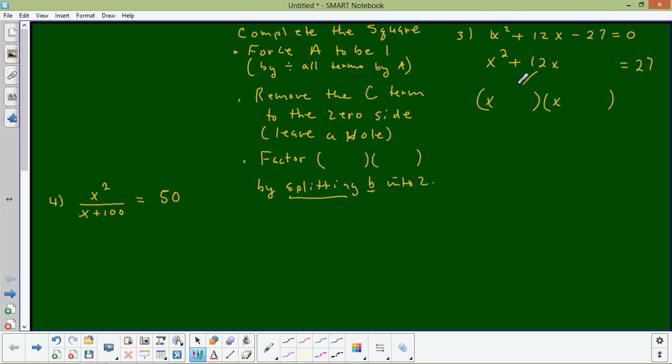We're going to split the B. So you're going to see a plus 6 here, and you're going to see a plus 6 here. I split it into two equal parts. And of course, by doing that, I force the 12x. And of course, the lead term being an x squared, that was all set up. Now, by doing that, I cause another term.